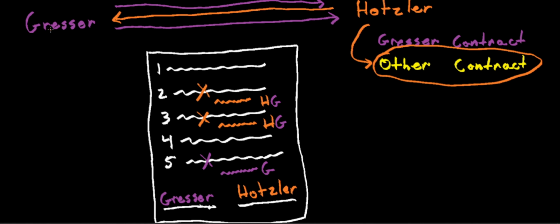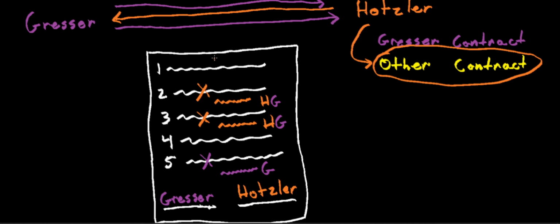And of course, Gresser ends up suing Hoztler, arguing that they had a contract, both parties had signed it, and Hoztler was in breach of the contract by trying to sell the property to a third party.